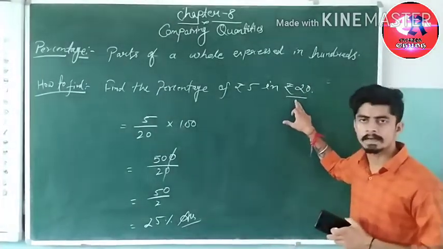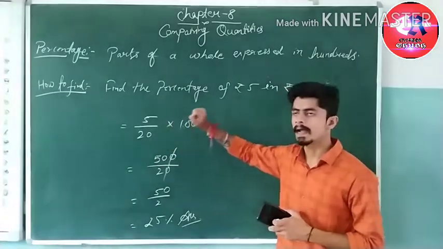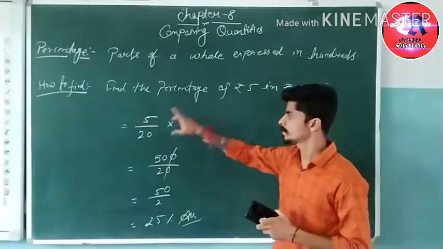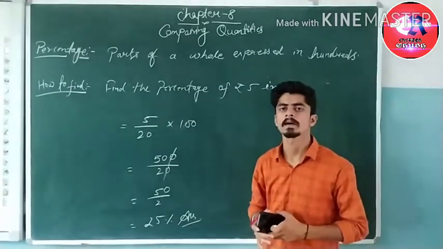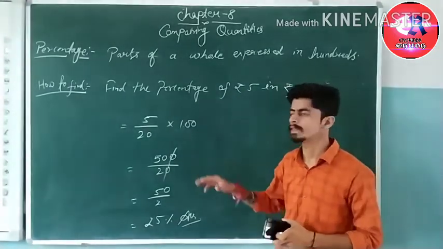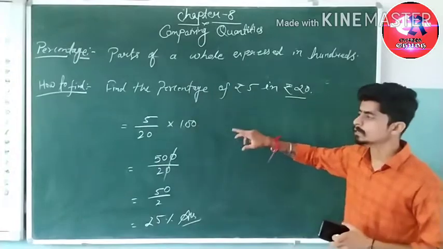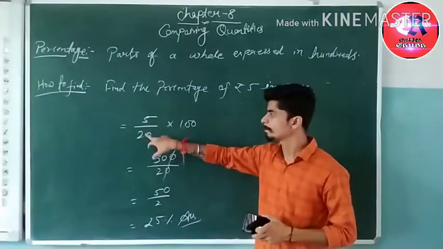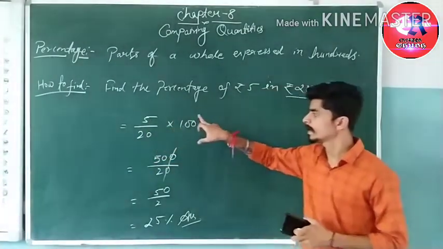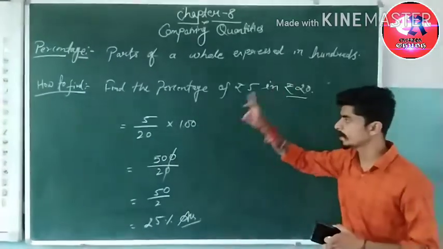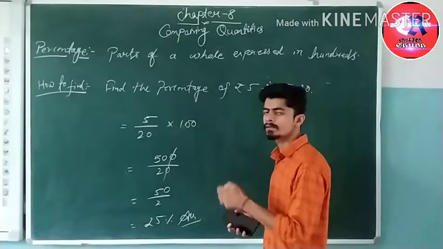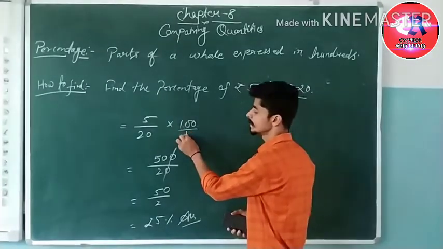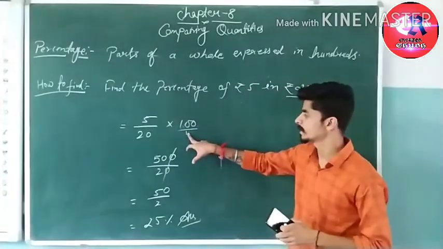So the whole part we have to write in the denominator and the part we have to write in the numerator. Now if we are finding the percentage of any number, we have to multiply that number with 100, because we are expressing the parts of a whole in hundreds. 100 does not have a denominator, so we can put 1 here.